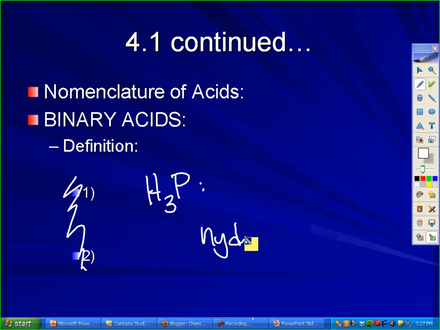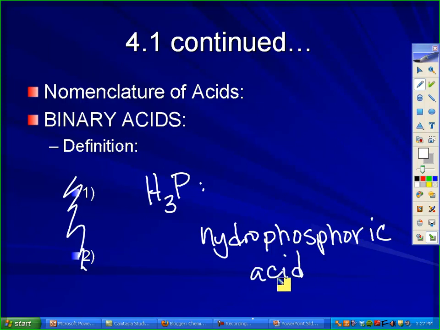Hydro, phosphor is your stem, ic, acid. Hydrophosphoric acid. Okay, so you get some practice with those. Maybe that was confusing, but here you have three hydrogens and a phosphorus. So you have hydrogen and phosphorus, which makes it binary.